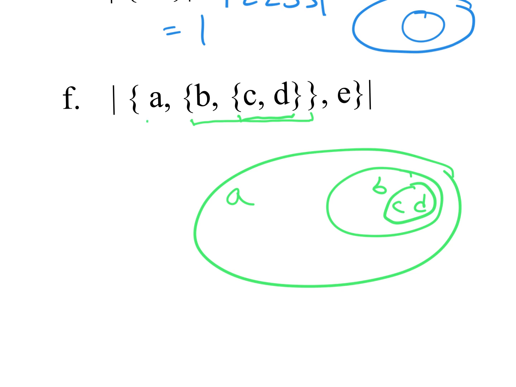But at the top level we've got A, we've got this thing we just drew, and we've got E. So if you ask me how many things are in this set, what is the actual size of this set? It's the size of the top level. So we got 1, 2, and then this whole thing just counts as 1. So the size of this is 3. Done.